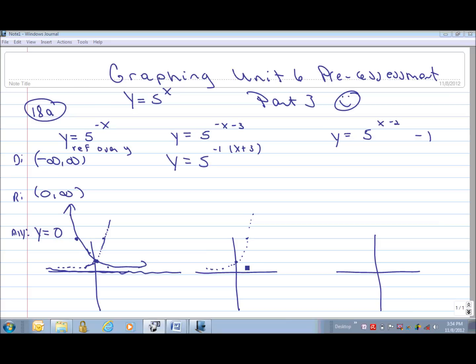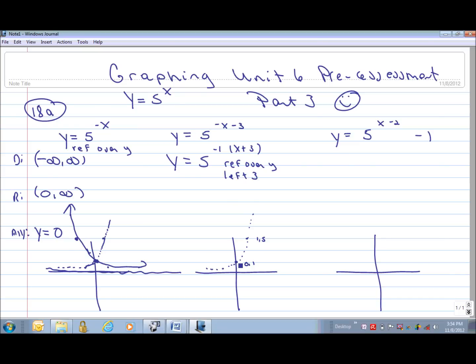I hate to mark all of it on there, but this was originally at 0, 1, and then this point would be at 1, 5. That's where the original parent points are, and that gives you a few points to move around. We would reflect over y, and then move to the left 3.